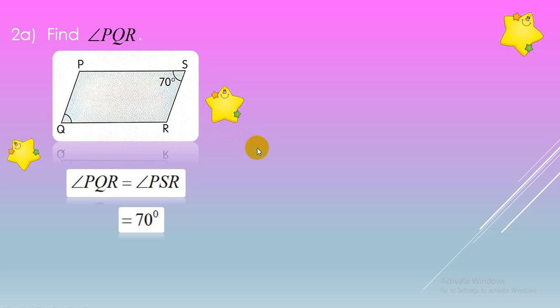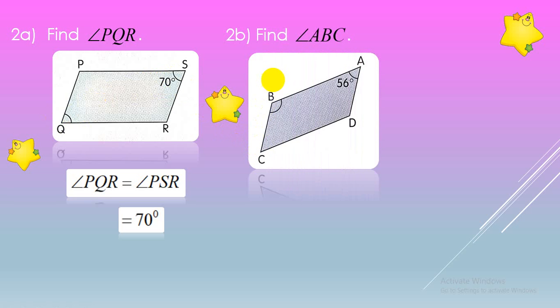The opposite angles are equal. Now to B. Find angle ABC. Look at this picture. Parallelogram ABCD. We know that angle BAD is 56 degrees. How to find angle ABC? Angle ABC and angle BAD add up to 180 degrees, right?